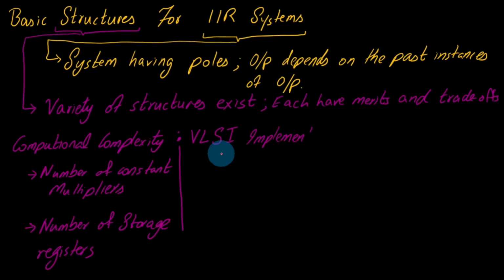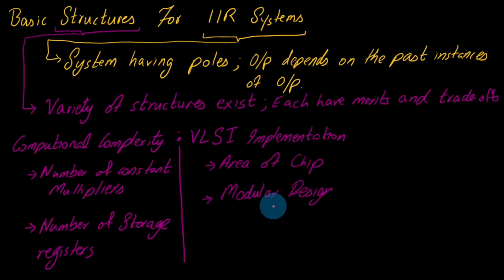Moreover, very large scale integrated circuit implementations have some further constraints that include the area of the chip and how modular the system or design is. Can you separate your system into subsystems and write the code accordingly? And moreover, the simplicity in data transfer.